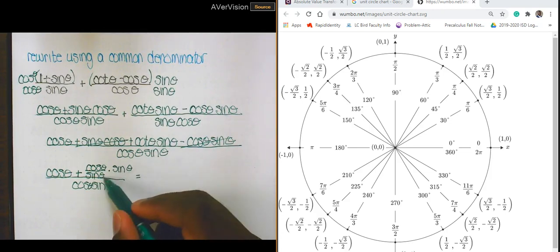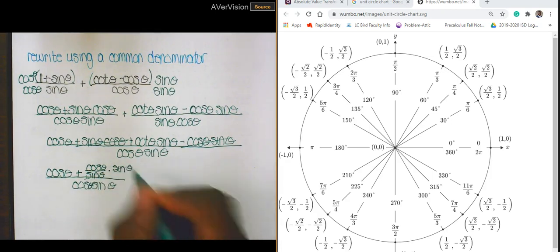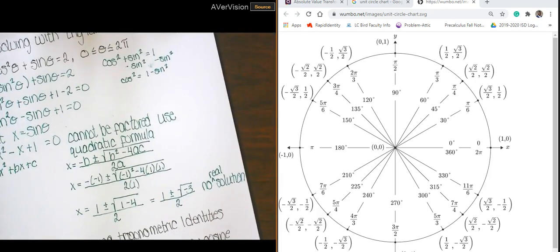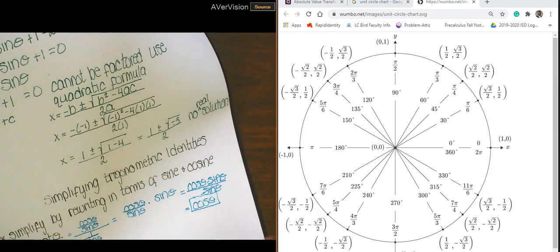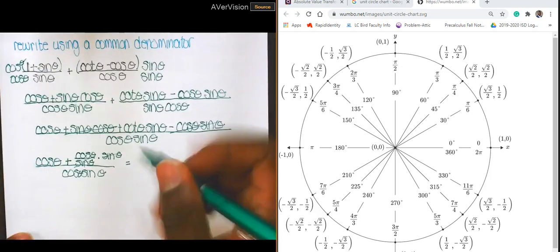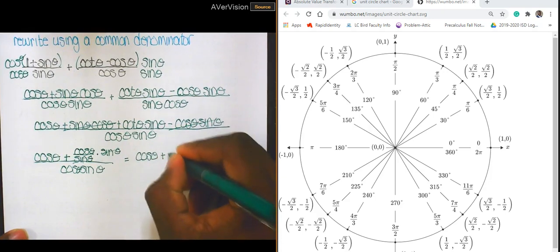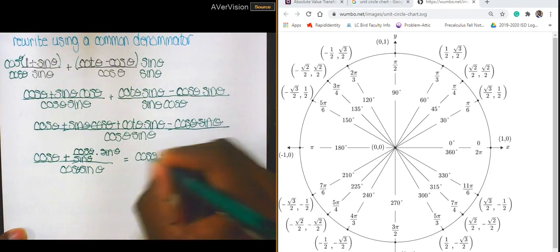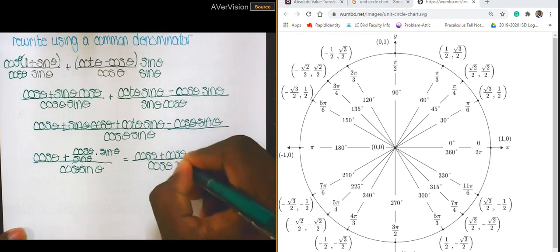You mean these two? Yeah, they can cancel out because it's the same thing that happened on the other page. So the sines cancel out and we're left with cosine theta plus cosine over cosine sine.